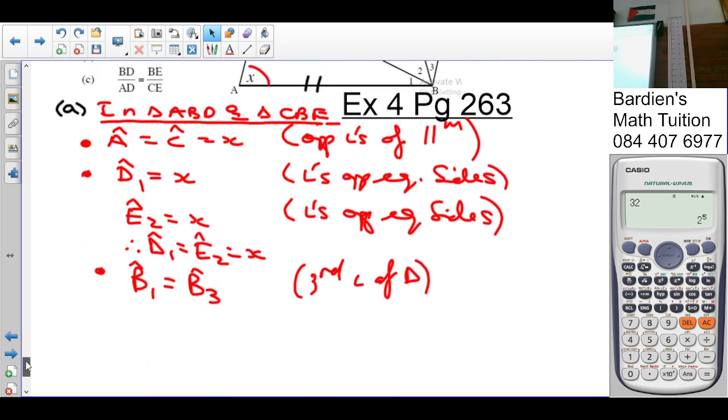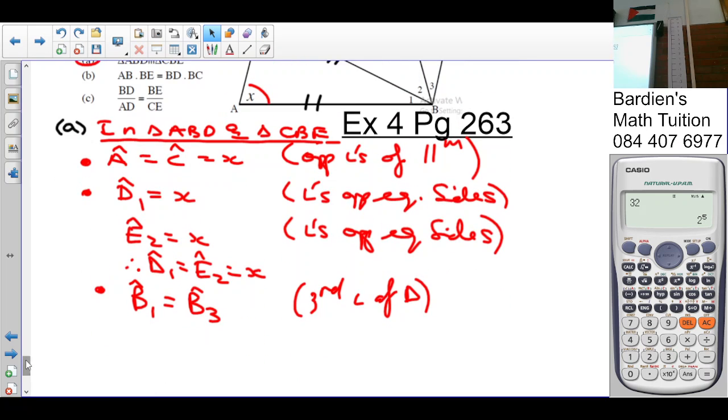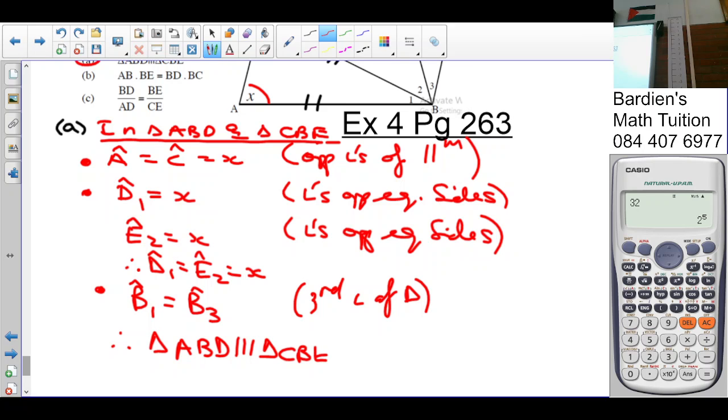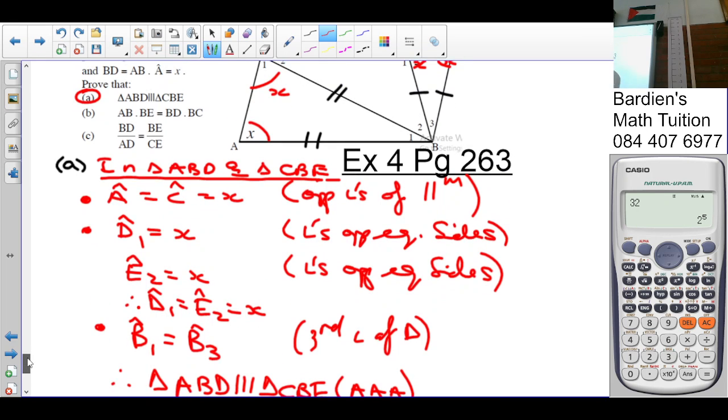What can we say at this point? Therefore, triangle ABD is similar to triangle CBE. And what's your reason there? Angle... Okay, it's very important that your order is in the right order.